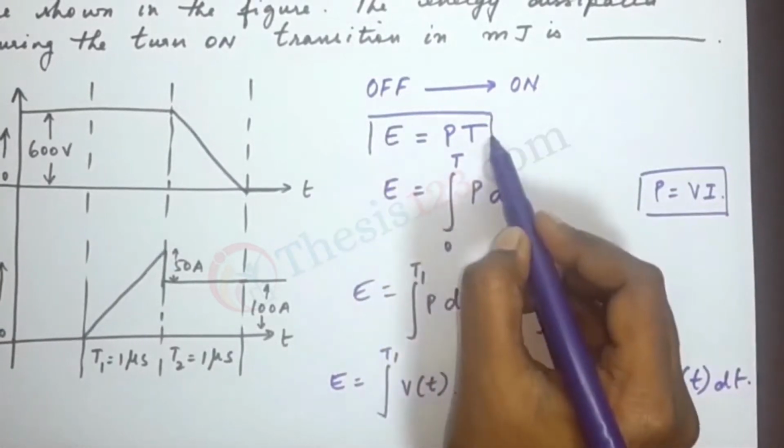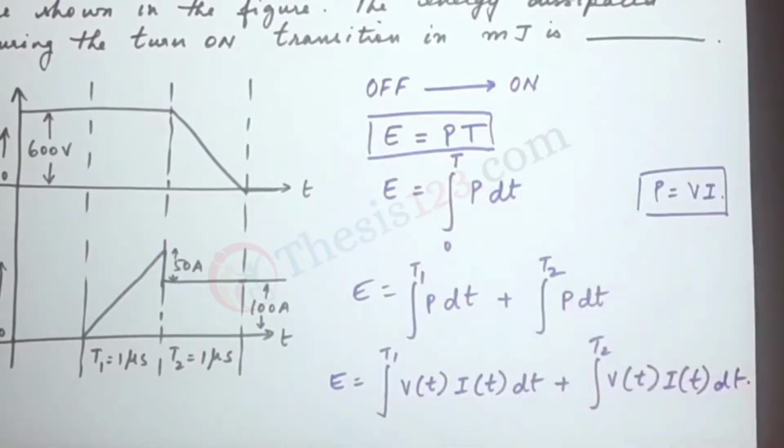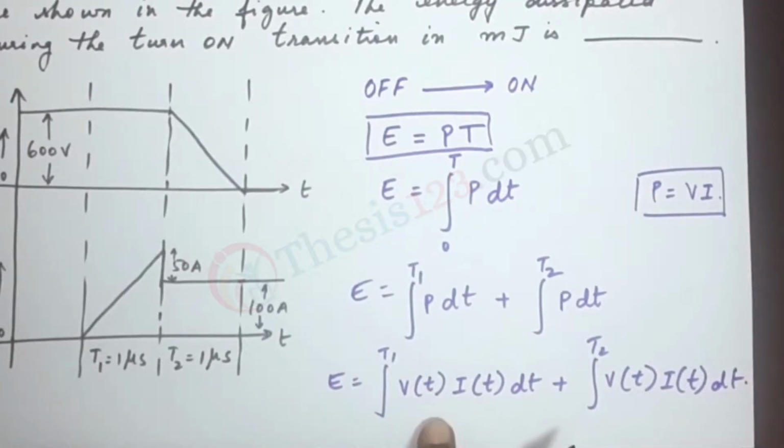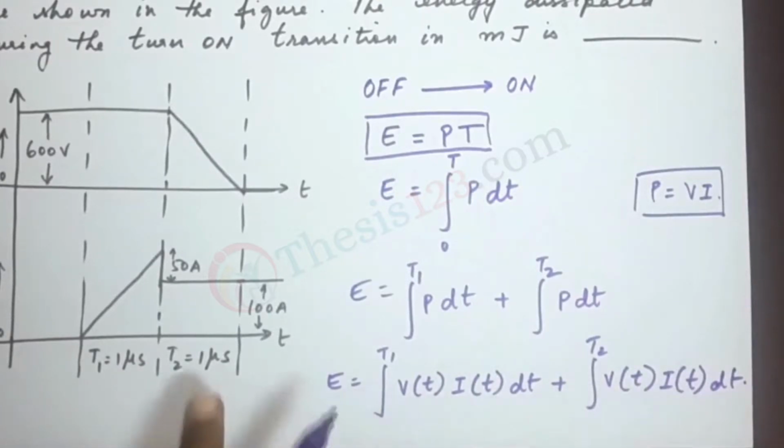So these are the basics. We always take the basics and build on them based on the situation given to us. So here we have our energy equation. We have the time period T1 of 1 microsecond and the time period T2 of again 1 microsecond.